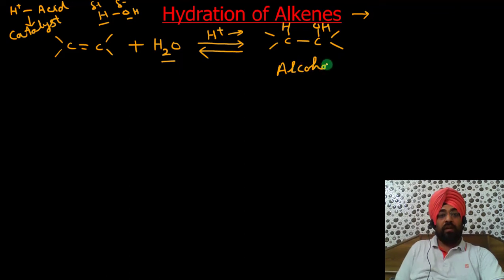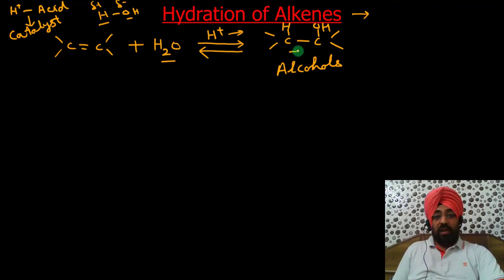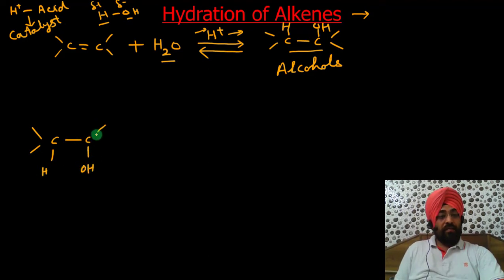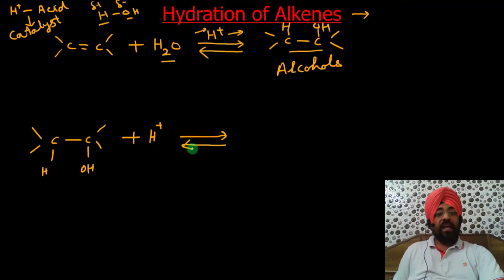You can see it is an alcohol. So alcohols are formed upon hydration of alkenes, but the problem is that these alcohols under acidic conditions show another reaction. If we have any alcohol and we add some acid to it, in the presence of acid it undergoes dehydration. This OH and H will be removed, minus water.